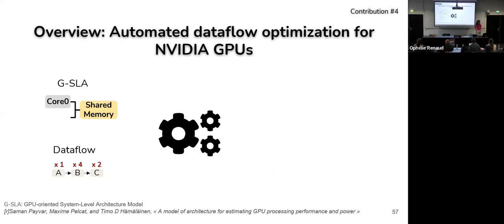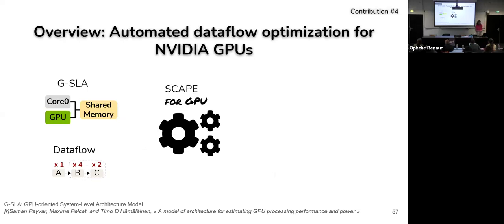So the method takes as input a special system-level architecture model, which is a GSLA, and allows representing an internal algorithm that is better suited to represent GPU.